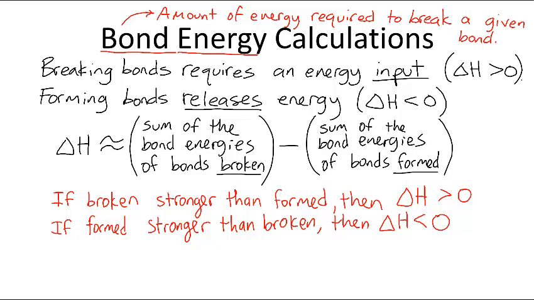So this works well for gases, but when you have changes in phase, where there's going to be a change in intermolecular attractions, this equation doesn't account for it. So it doesn't work nearly as well, because we need to account for that. All right. What questions do you have about bond energy values, or using them to estimate delta H?